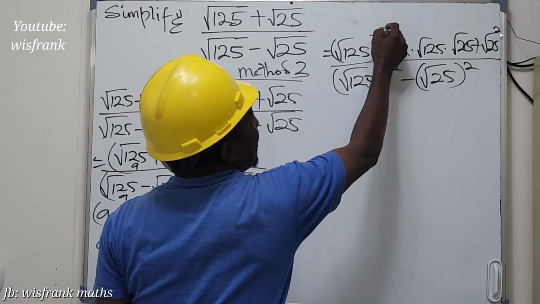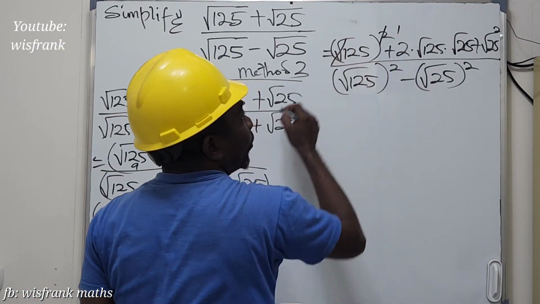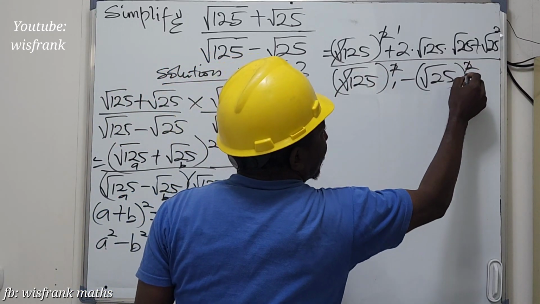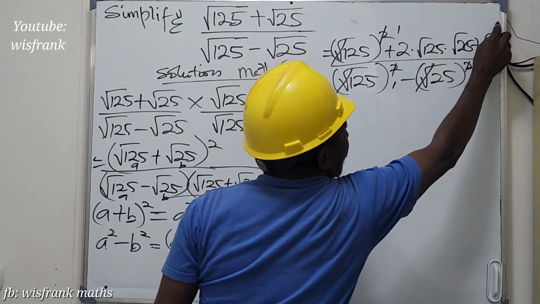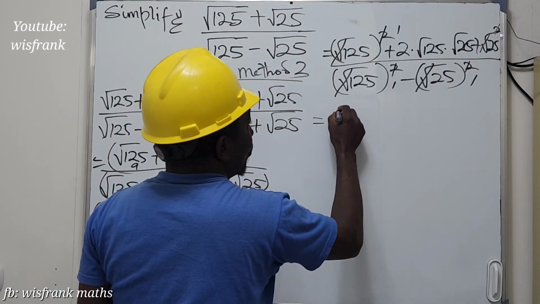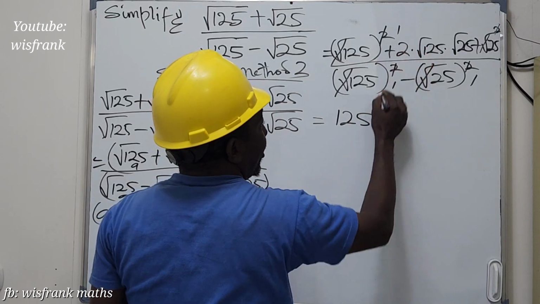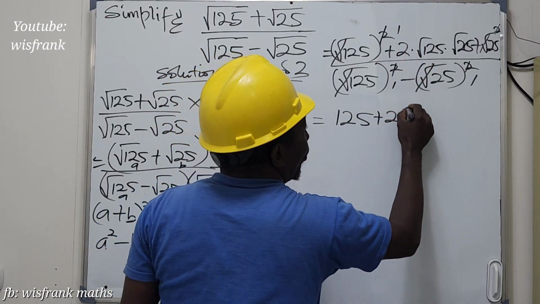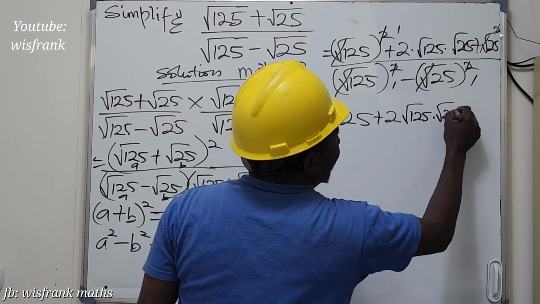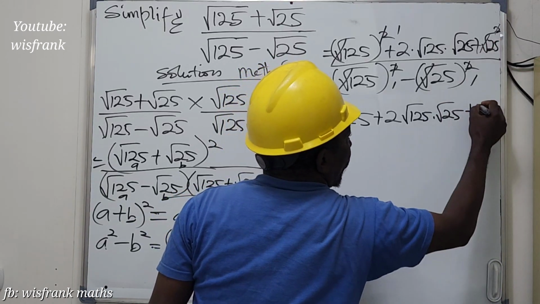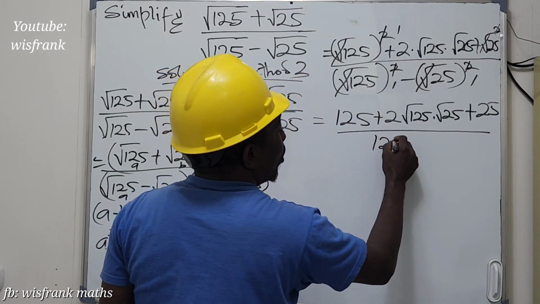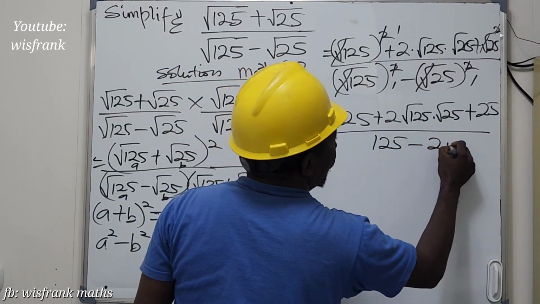Here we can see that the 2 cancels the square root, each time. We are now left with 125, we bring down plus 2 root 125 times root 25, plus 25, all over 125 minus 25.